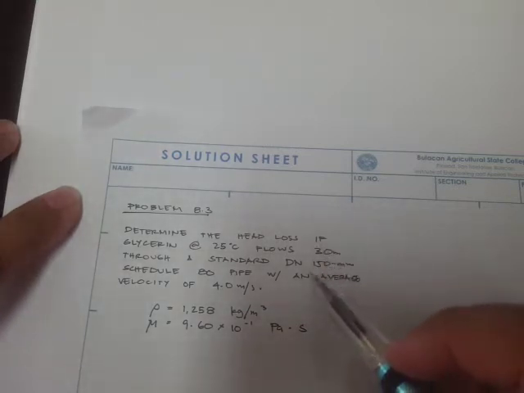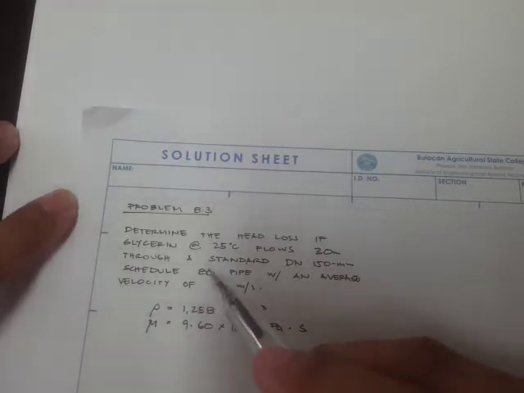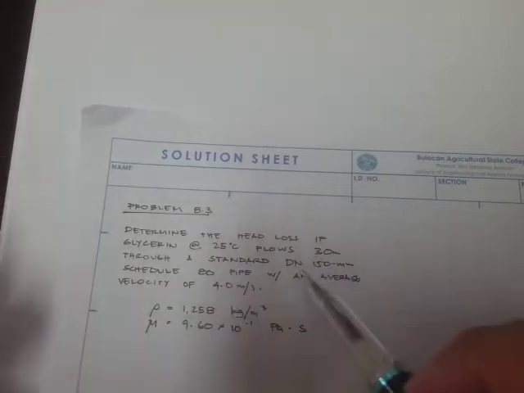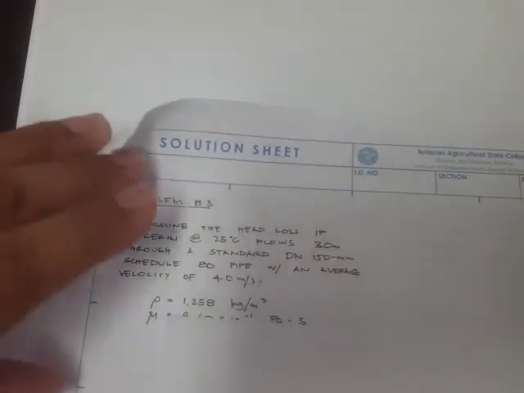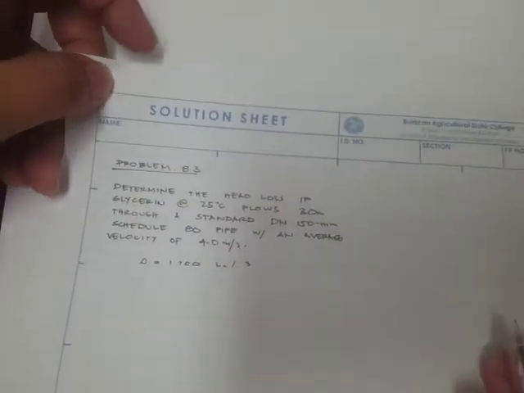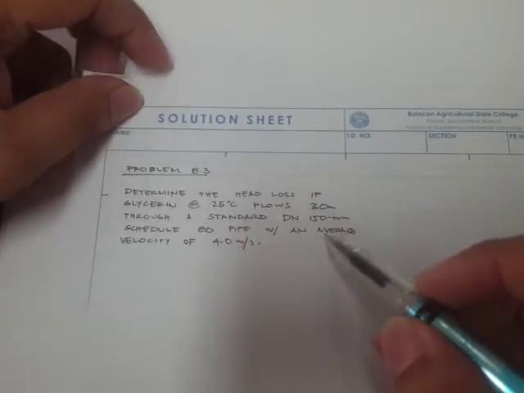basically, if we have this schedule 80, and there are tables available for the inside diameter of the pipe or the outside diameter, then that would be more precise than just assuming that this is the diameter.